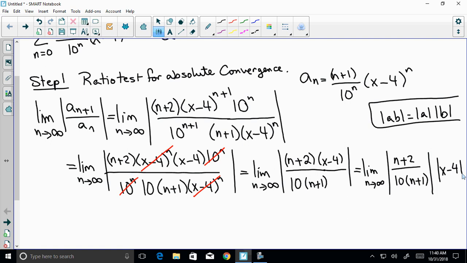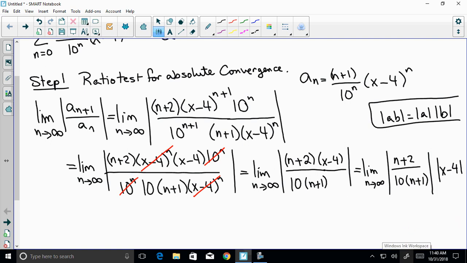Now the reason I'm doing this is only this first part has n's in it, right? As n changes, only n plus 2 over 10 n plus 1 changes. This x minus 4 doesn't change. There's no n here. Yeah, but the x is on the outside. So whenever there's multiplication of the numerator, yes, pull it out.